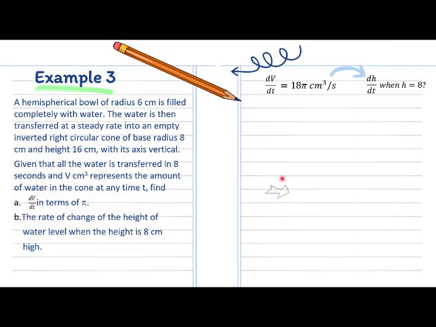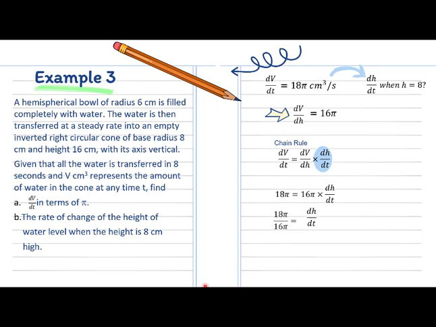Now we already know dV/dt and also that dV/dh is 16 pi. We use the chain rule and substitute what we have to calculate dh/dt. dV/dt is 18 pi and dV/dh is 16 pi, so our dh/dt will be 18 pi over 16 pi, and that becomes 9/8 centimeter per second.